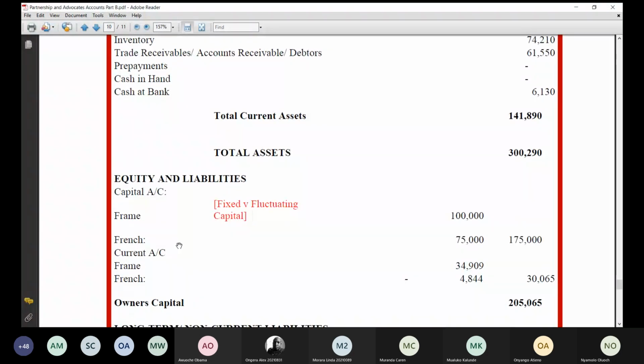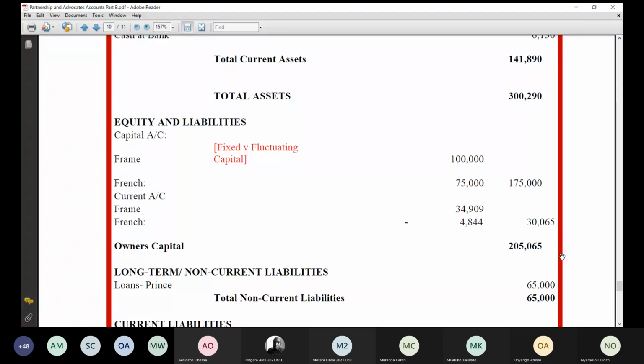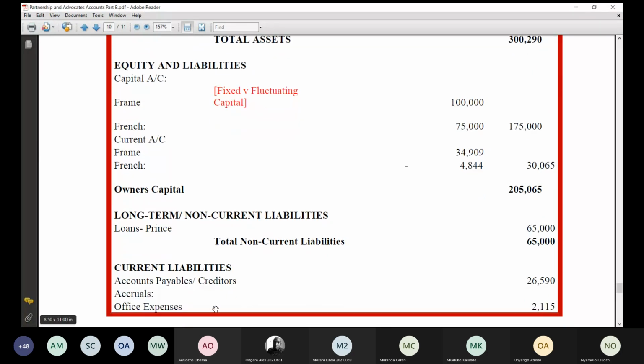The capital accounts, we said because they are fixed, and I've just indicated fixed versus fluctuating. So the capital for Frame remains at 100, French 75, that gives you 175. And then their current accounts, Frame is at 34,903, and French is at negative 4,844. You take the two, it gives you 30,065. So the owners' capital is 205,065.